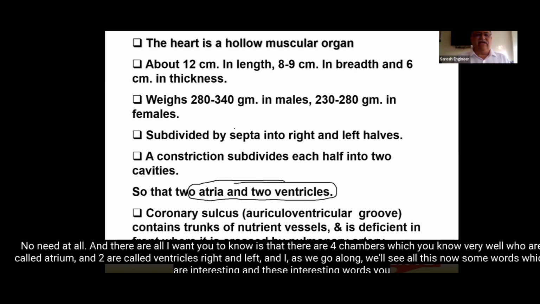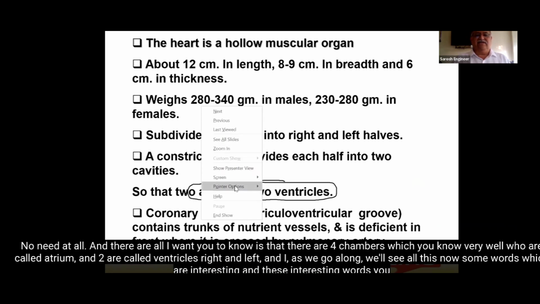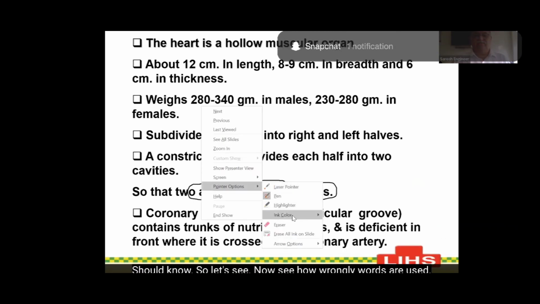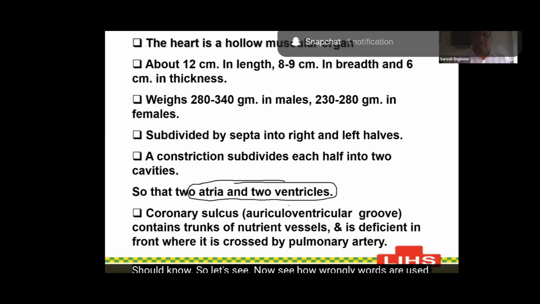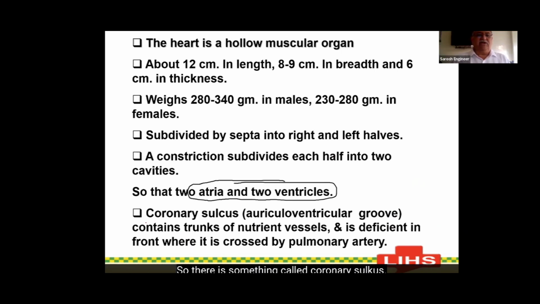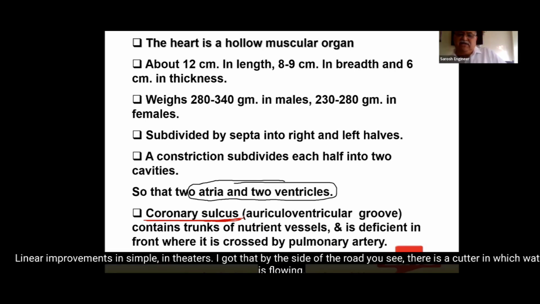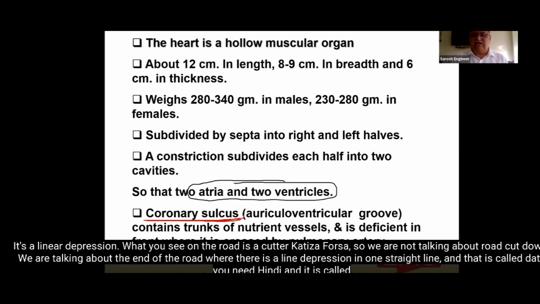Now, some words are interesting, and these interesting words you should know. Now see how wrongly words are used. There is something called the coronary sulcus. Now the word sulcus, we stop at the word sulcus. Sulcus means a linear groove. A linear groove, in simple Hindi, is a gutter. By the side of the road, you see there is a gutter in which water is flowing. It's a linear depression.